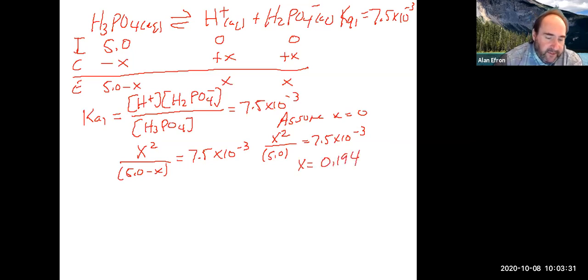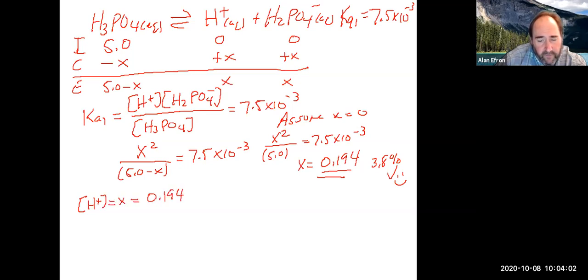We do want to check it like normal. So we want to take that divided by 5 and times it by 100. And we get something like 3.8% on the check. So the check is good. So now we have an X value, and from our very first table, we actually have a bunch of answers sort of given to us. We see that the H plus concentration from the table equals X, and that means it would equal 0.194 molar.